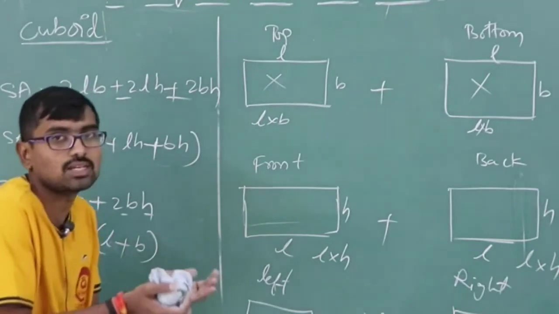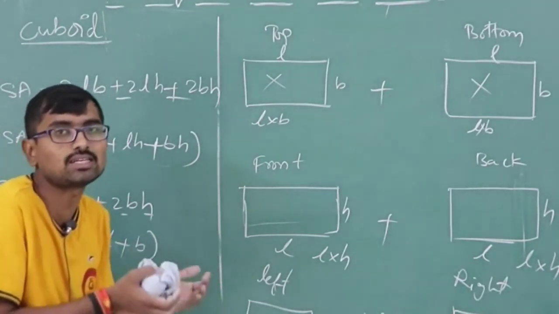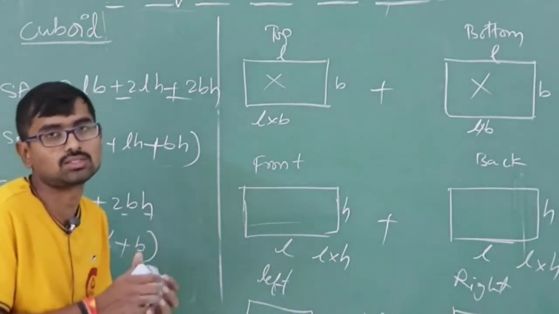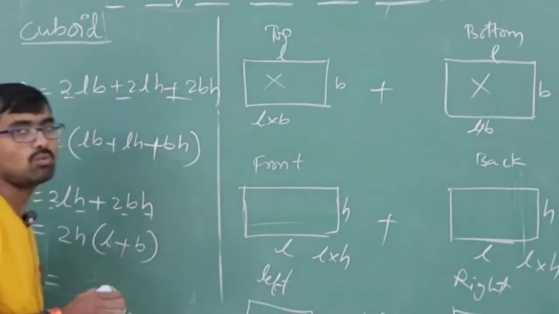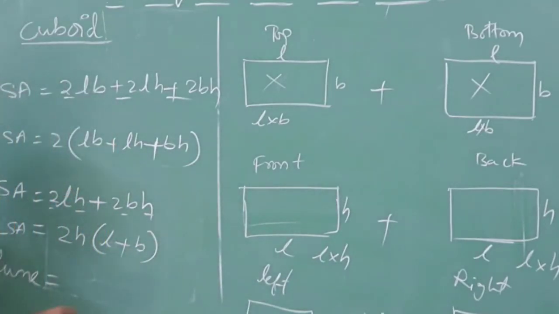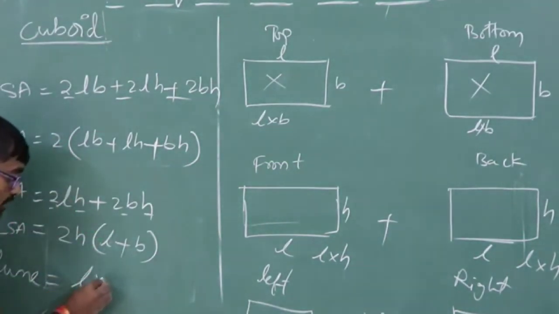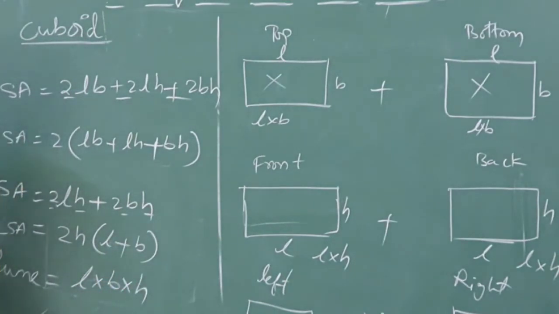How much space it occupies, how much quantity it holds, that is the volume here. As we have three dimensions, we have to multiply those three things, L into B into H, that is volume.